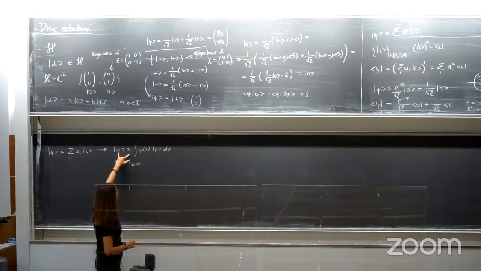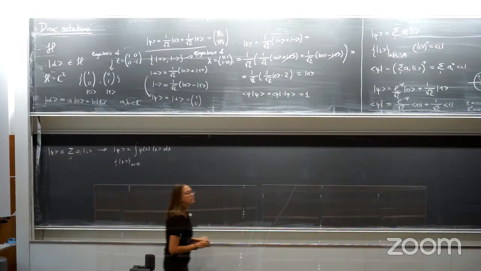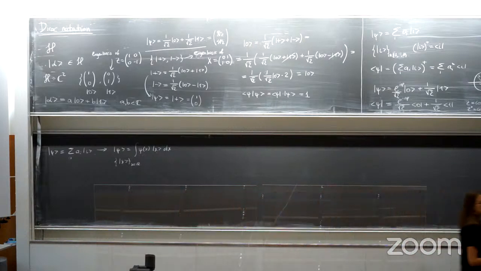This is clearly probably a typo. So it should be a ket that is an integral. Yes, this should be a ket. Sorry, thanks for pointing this out. We'll change it.